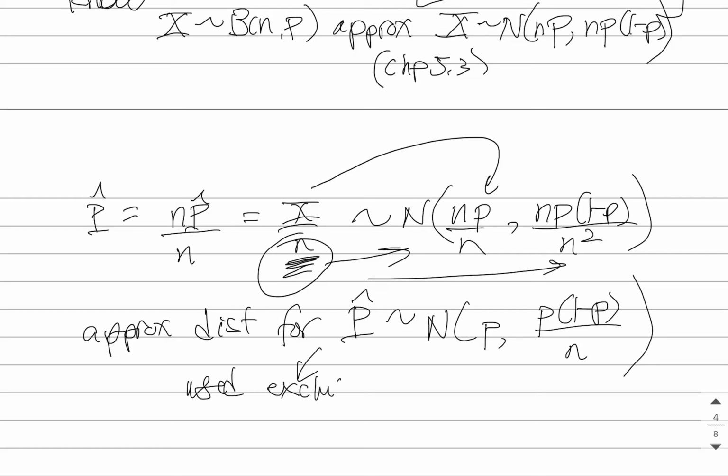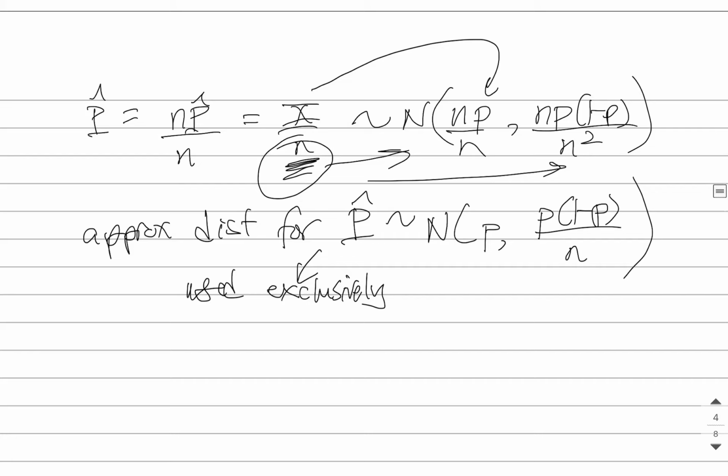So when you go ahead and you perform your homework and you do all the things in the test and the questions, it's going to be this approximate distribution for p hat. And this is the one that we are going to use to develop our inference formulas. So we are going to develop our inference using this approximation.